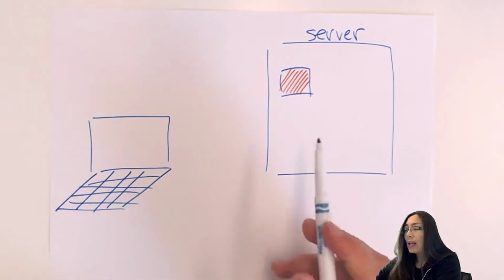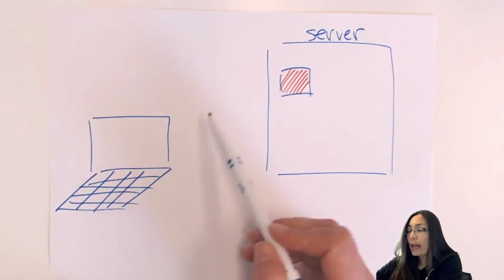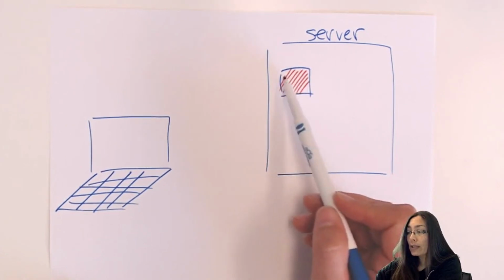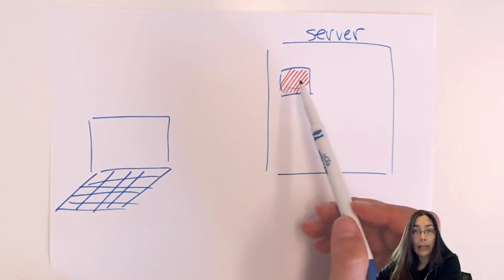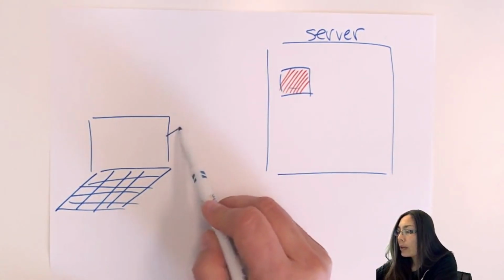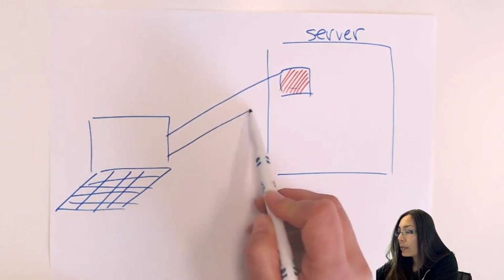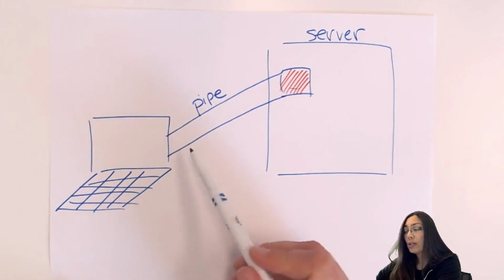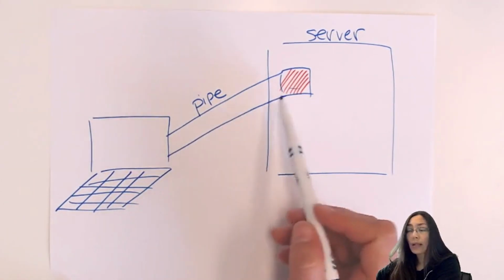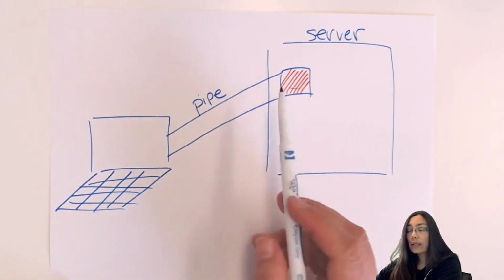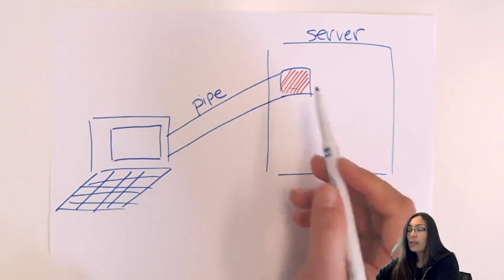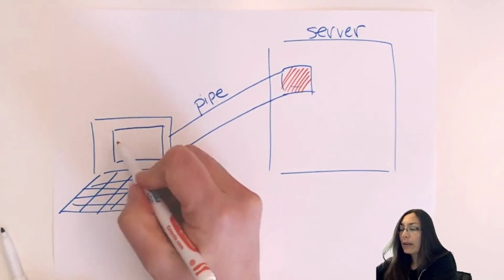Okay, great. And so now, how do we actually get in there? We have to put our code into this little piece of Amazon's computer. How do we get there? Well, we're going to get there by creating a pipe from our computer to theirs. So that's when we secure shell into this instance and we create this pipe. Okay, so with this pipe, we now have a little window into what's going on in that computer there.